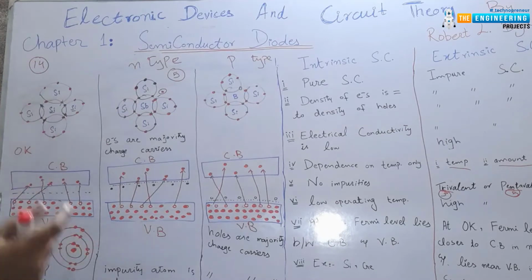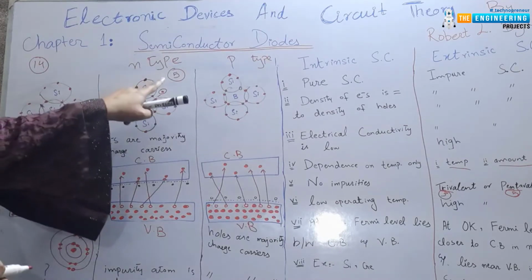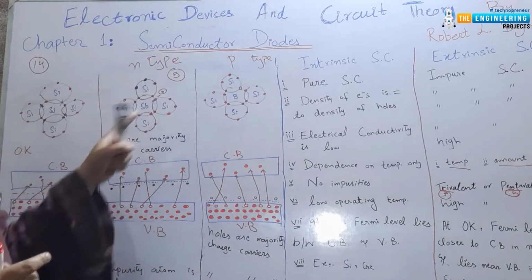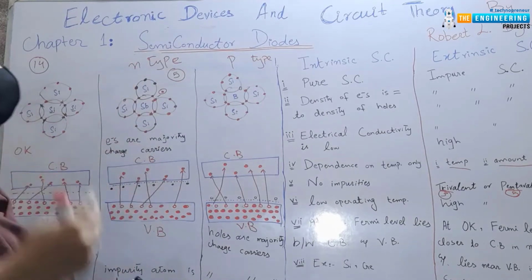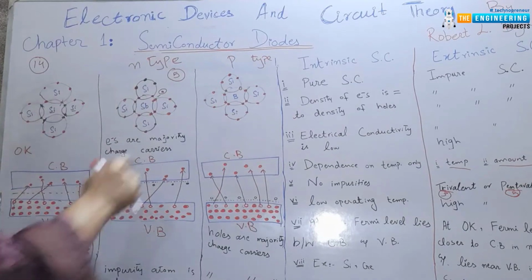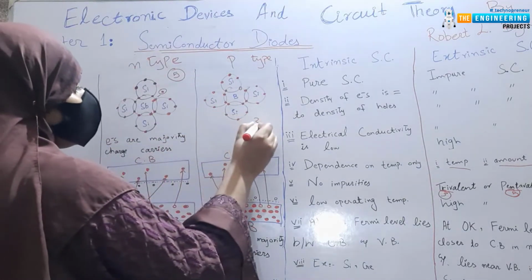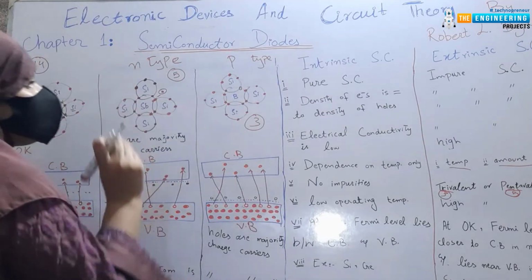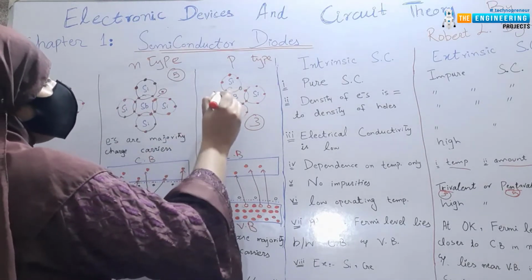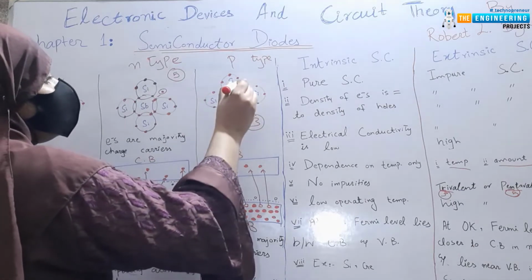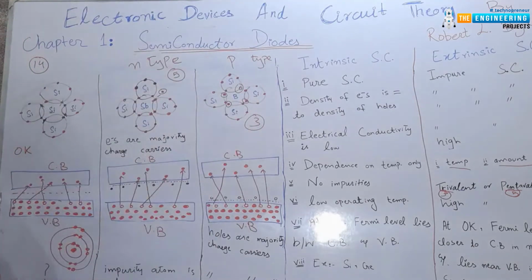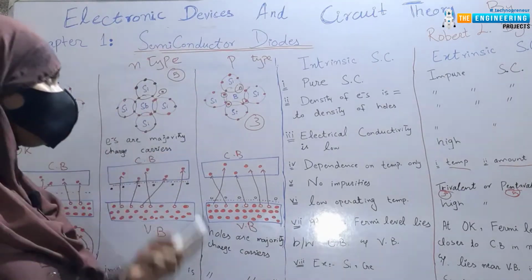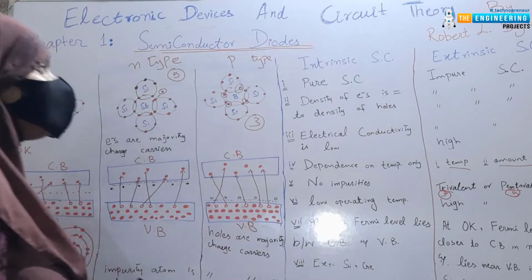As we know, current is produced by electrons and holes. So this free electron will create more current. In this case, boron has 3 valence electrons. These 3 electrons are shared, and there will be a vacancy for an electron.